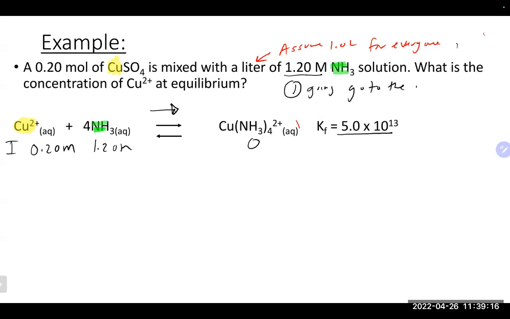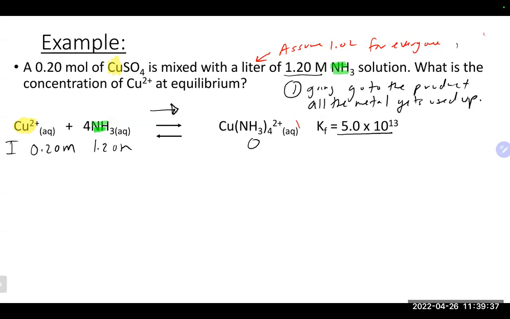Since a complex ion is made up of a metal in the middle with ligands attached, we are going to assume that because it goes to products, all of the metal gets used up.